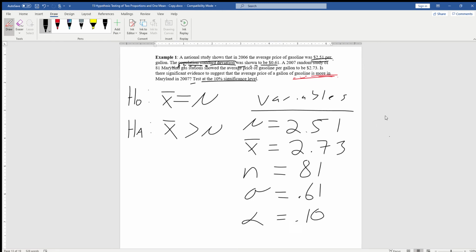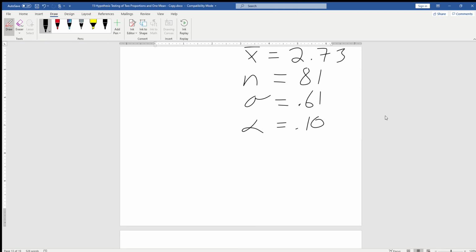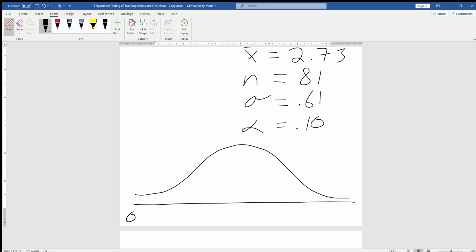Now we're going to go through and construct the distribution. It's a right tail test. Here's our distribution, range of values 0 to 1. We shade our region. Remember, 1 minus alpha is going to be for the right tail test. 1 minus 0.10, or in other words, 0.90, is going to be the cutoff.